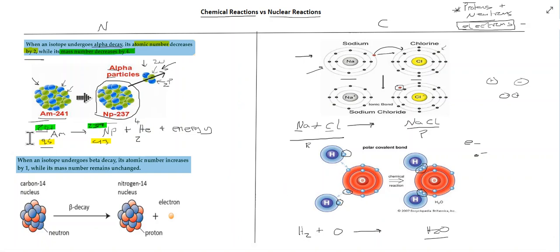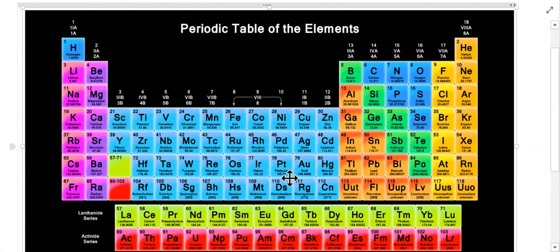And if we remember, the atomic number, which is the number of protons, is what distinguishes one atom from another atom. Americium is the 95th element on the periodic table. If we look at the periodic table, it increases by its atomic number.